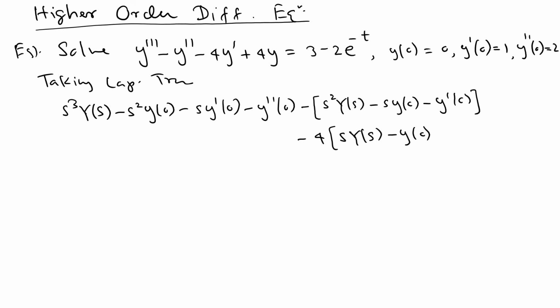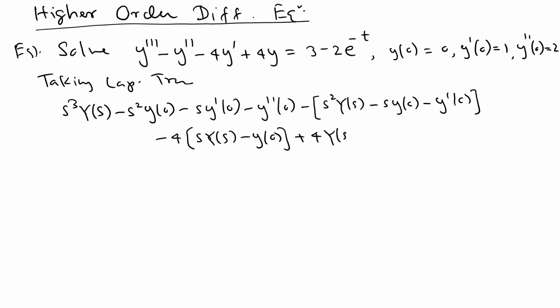Actually, it would be better to write them somewhere here because there are a lot of other terms, just to manage the space. So negative 4 times s Y(s) minus y(0), plus 4Y(s) equals 3 over s minus 2 over s plus 1. That's what you get.